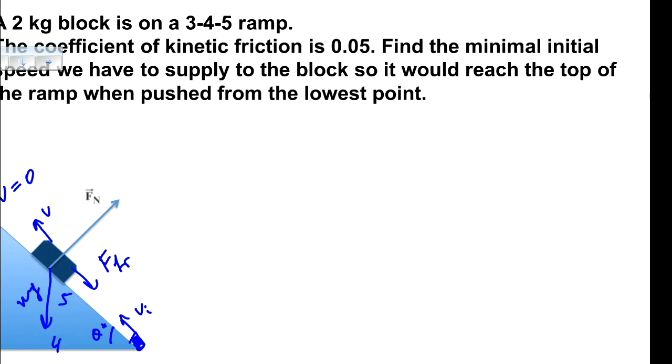But now we switch the direction of the friction. Now it points down the ramp. So that means the work of friction is positive. Yes or no? No. Friction always does negative work. But gravity does work which depends on the initial and final locations.